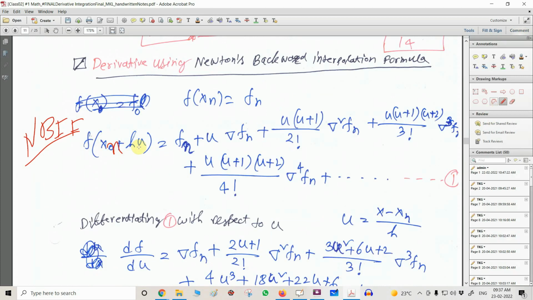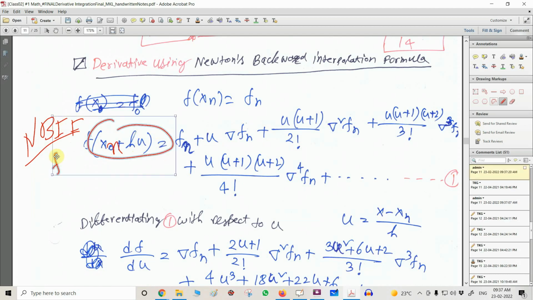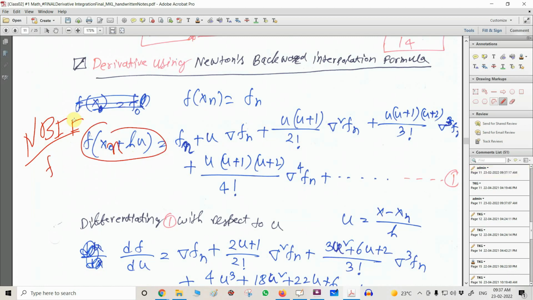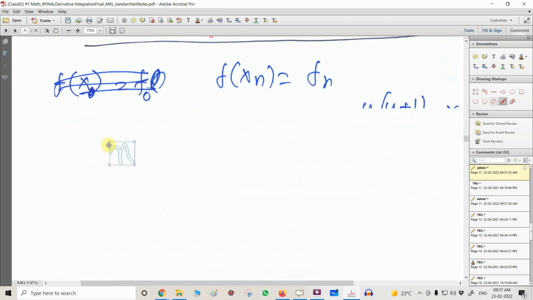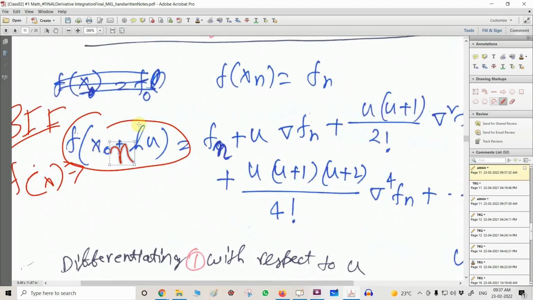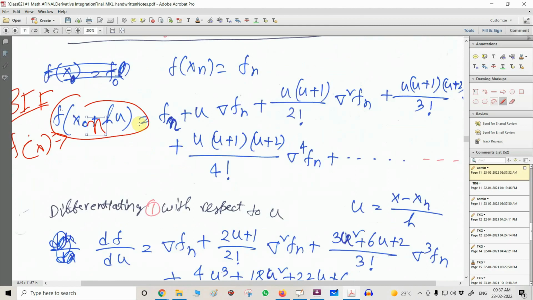So f(xn plus hu), or simply f(x), in short form you can write it as: xn plus hu equals fn plus u grad fn.